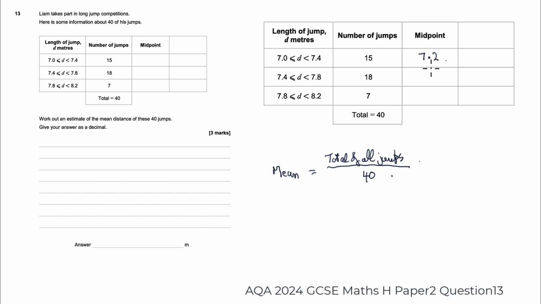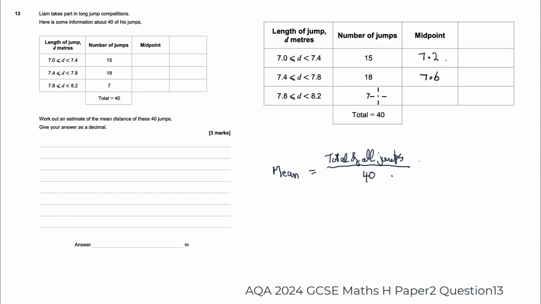Then we can go ahead trying to work out the total of all the jumps. So we're assuming all 15 of these jumps were at 7.2 metres. Similarly, for these 18 jumps, best we can do is to assume they're halfway between the two limits. That would be 7.6. So 18 jumps at 7.6.